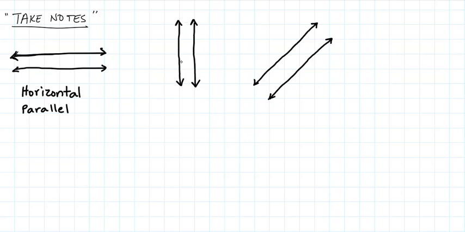The lines I drew going up and down are vertical lines, and they are also parallel. Remember, vertical is just up and down. Parallel, you need two lines so that you can compare them. These are slanted or sloped lines, and they can also be parallel.